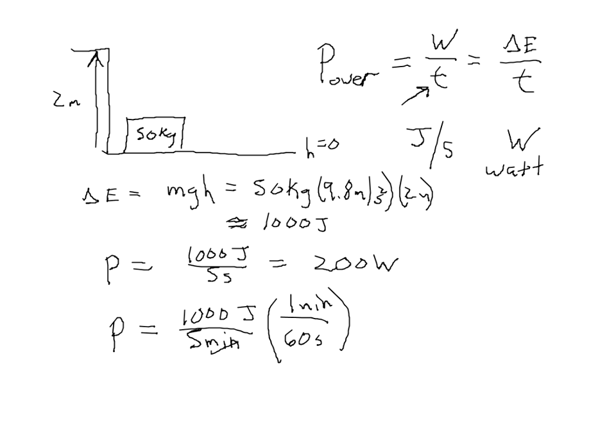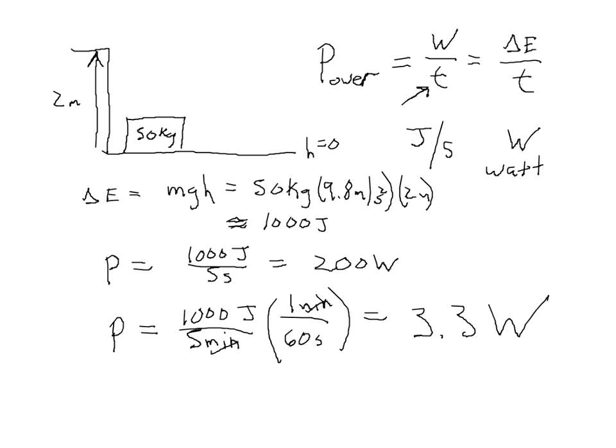That way the minutes cancel, and I end up with joules per second, or watts again, except this time it will be 1,000 divided by 5 divided by 60. And that is 3.3 repeating, so that's about 3.3 watts.